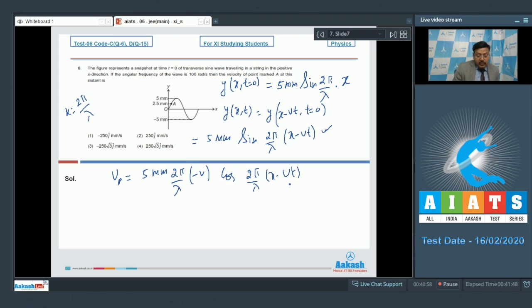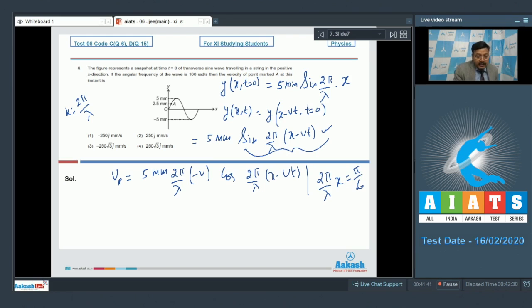We further look here and see that the value of y there is 2.5 mm, which means we can take this sine as 1 by 2, and that further means that we can take the value of 2 pi by lambda x, since we are talking about t equal to 0, as equal to pi by 6.